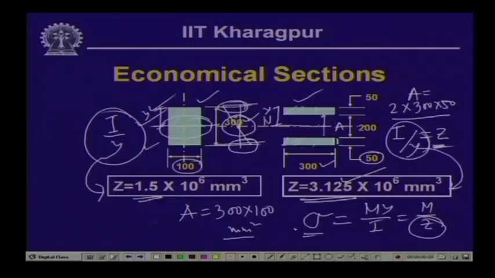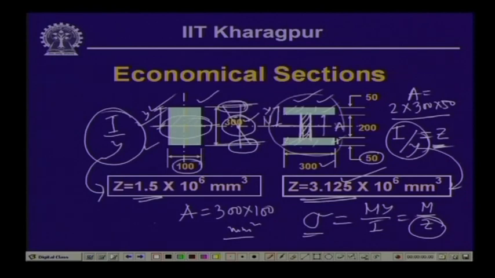So, if we have a section wherein we can lump the mass away from the neutral axis, then that kind of section becomes more efficient. But then we cannot keep these two segments just freely a distance apart without having any connection between the two, because to act the two units integrally, we need to have some kind of a connection between the two. So, that means some material is necessary to interconnect these two.